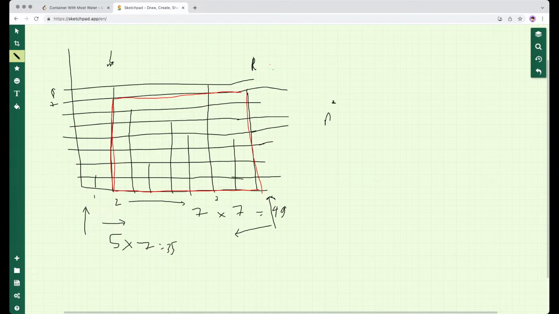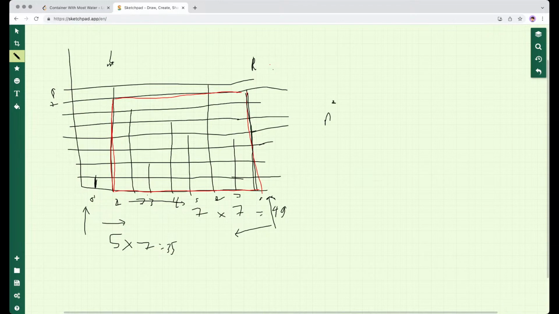Initially the left is the zero node, so 0, 1, 2, 3, 4, 5, 6, 7, 8. Start with 0, and the right is on the 8 position.